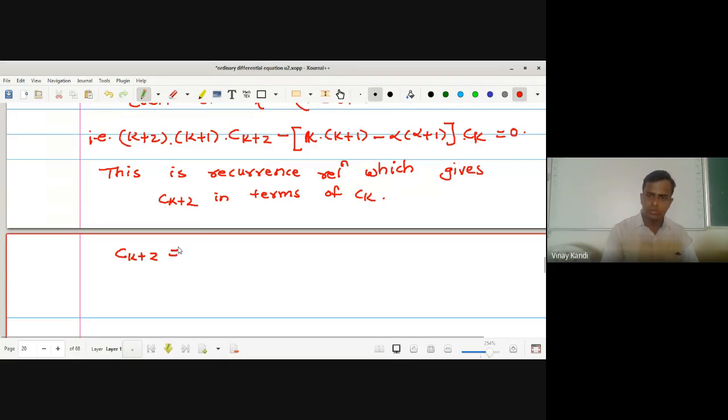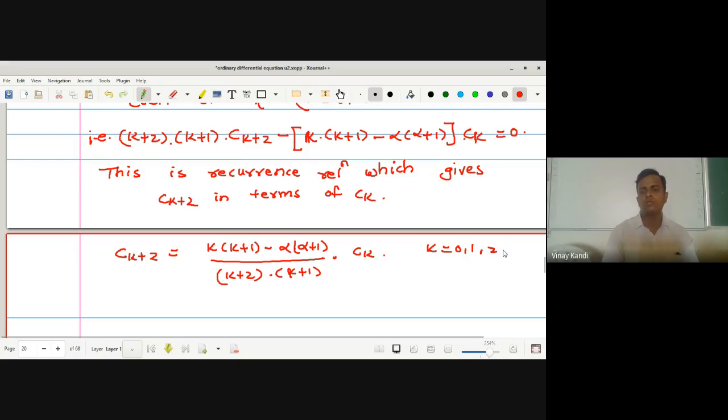Take this toward the right side. What we get here is c sub k plus 2 equals k into k plus 1 minus alpha into alpha plus 1, upon k plus 2 into k plus 1, into ck, where k runs from 0, 1 and so on. Okay, any doubt up to here?